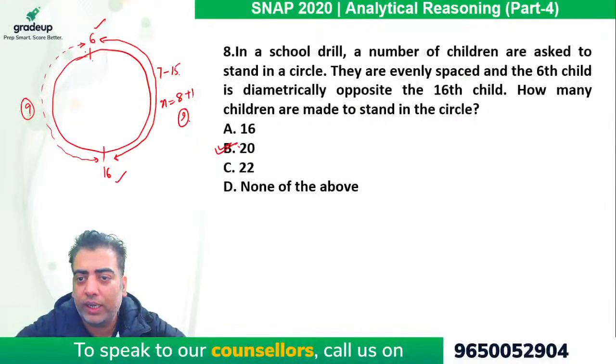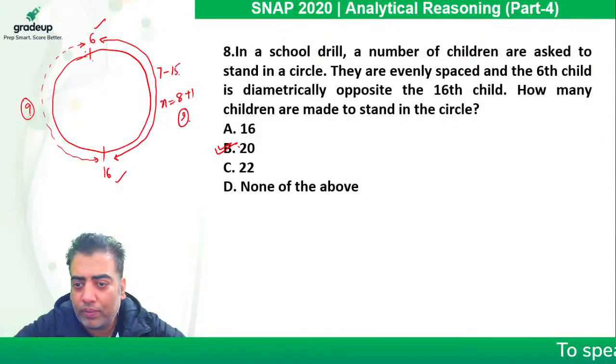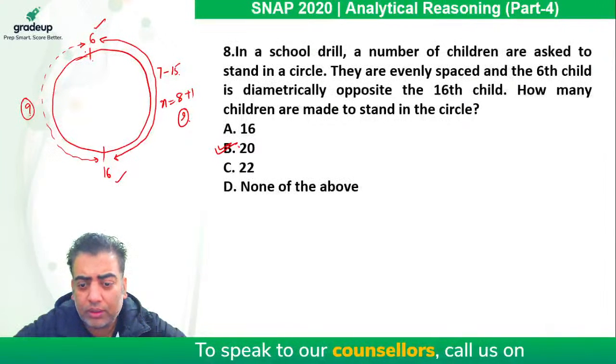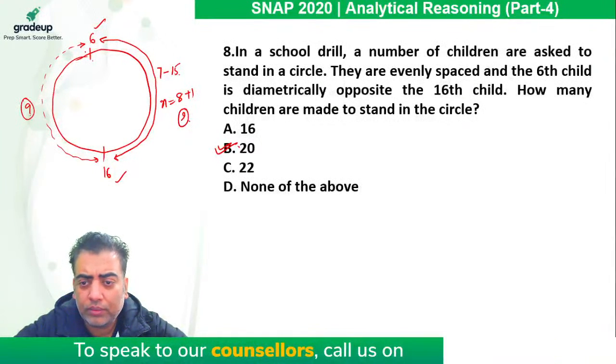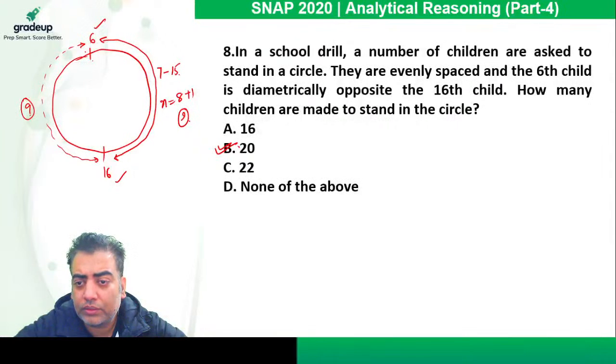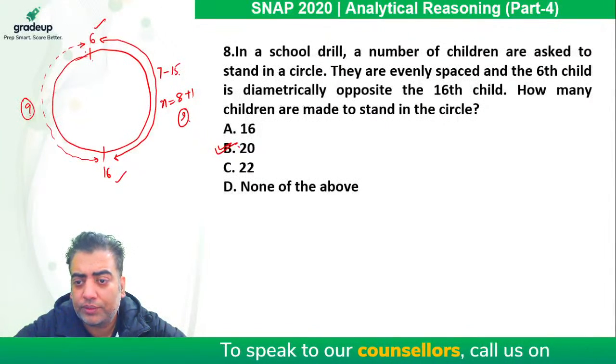Right, so let's move ahead. Right. Varun, you said C for this question. Varun, B is the answer, which is 20. Is it clear, Varun? Right, Abhishek. Right, Tapas.